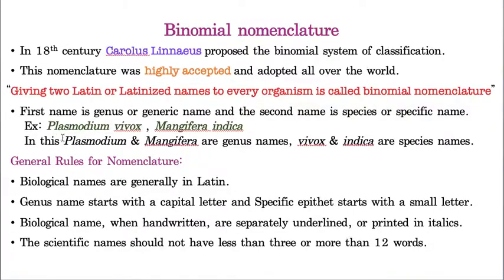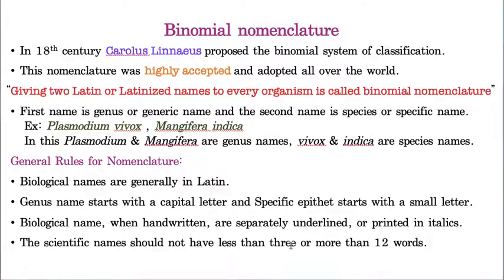Now, one more point is that these names should not exceed 12 letters, and they should not be fewer than 3 letters. That means the lower limit is 3 and the upper limit is 12.